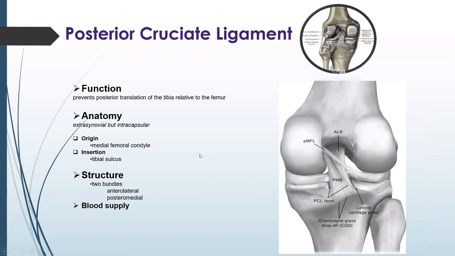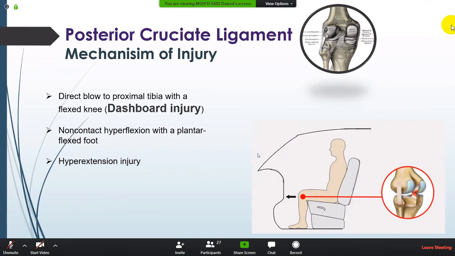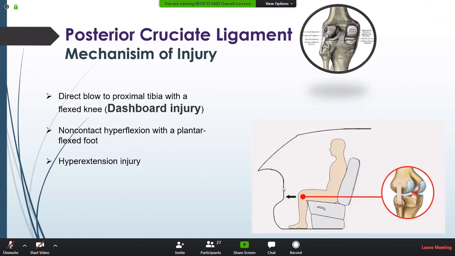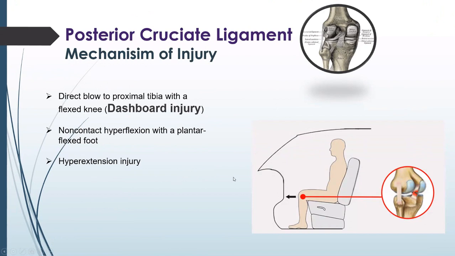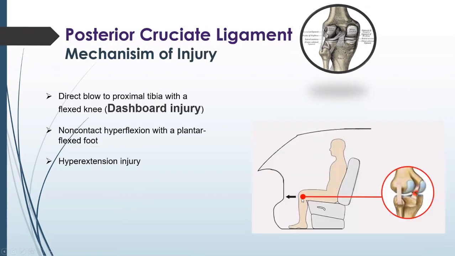The mechanism of injury of the PCL is mostly a dashboard injury. A dashboard injury is when you sit in the front of the car, and you have a head-on collision with another car, you automatically bring your knees upward so that the bottom of the knee will hit the dashboard of the car.